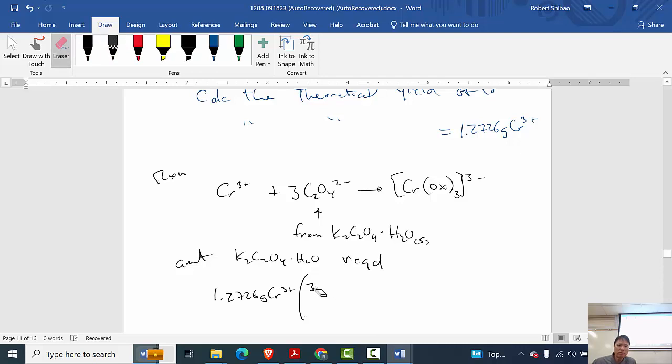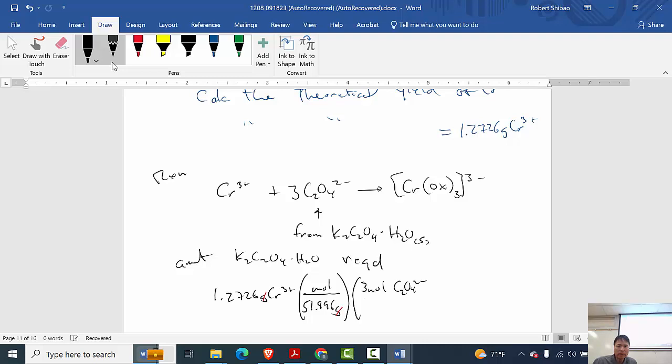What did you use for the molar mass of chromium? 51.996, so I'll use the same. 51.996 grams per mole. That gives me grams to moles of chromium-3. And then we know we need 3 moles of oxalate ions, bidentate ligand, for every 1 mole of chromium-3.